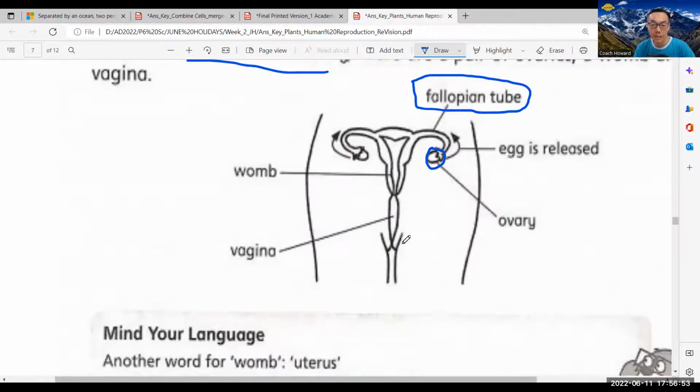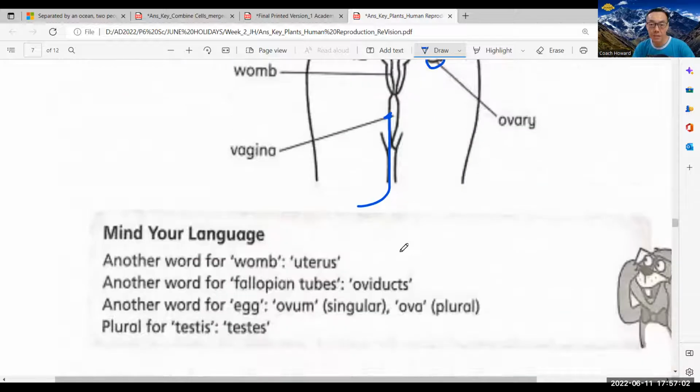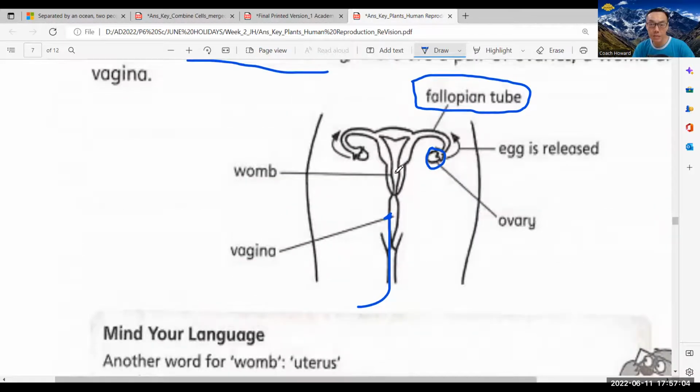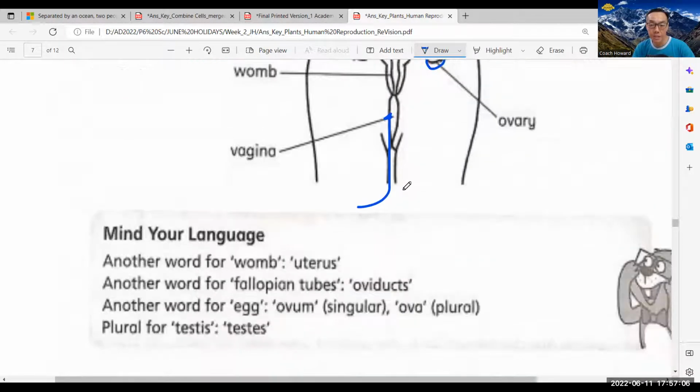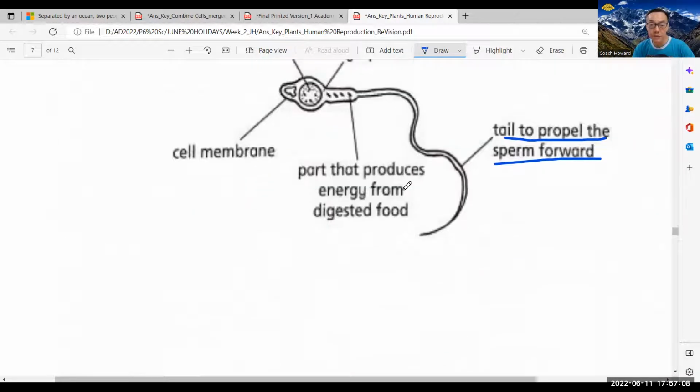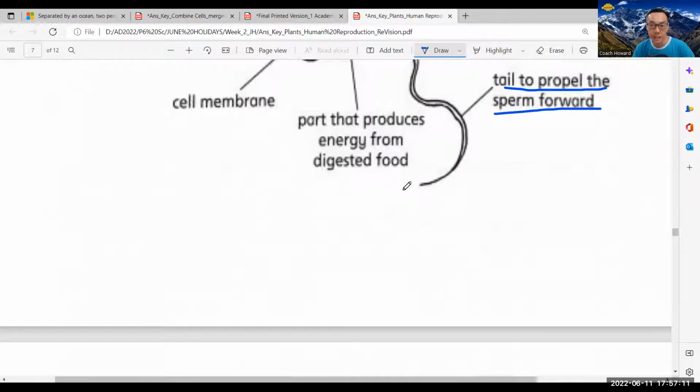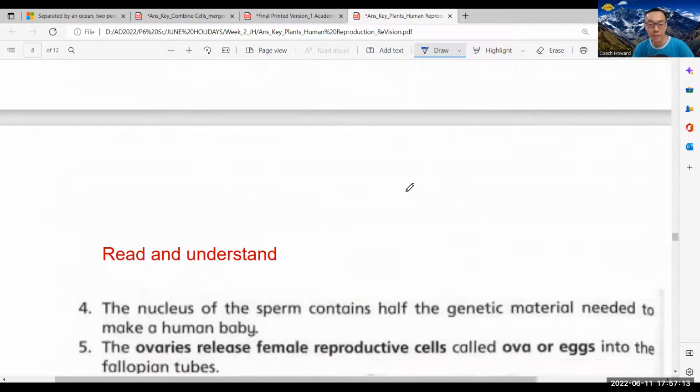Okay, so the sperm will enter through this part. If the man and the woman have a sexual relationship, the sperm will be released through this channel and it will swim upwards to fertilize the egg, if an egg is being released by the woman.